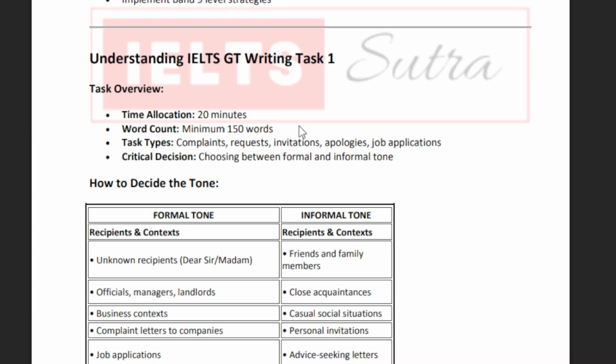That is the first writing band descriptor on the basis of which your writing task is evaluated. So if you choose the wrong tone, then obviously your whole response is going to get violated, and you will not be able to score as high as you want in case of task response.